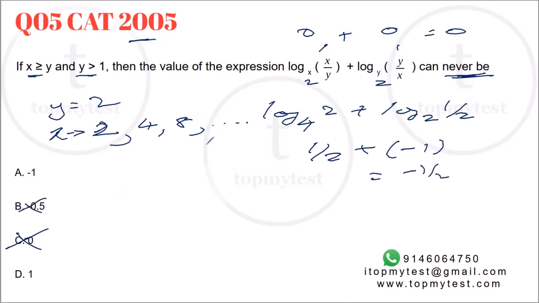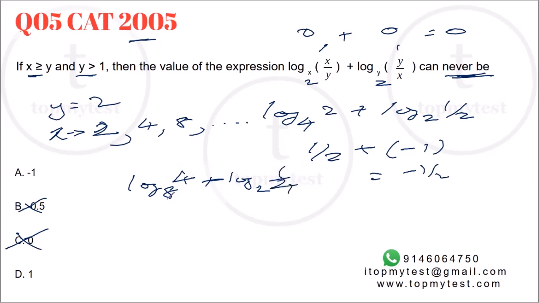Okay, let's see what happens with 8. Log of 8 by 2, which is 4, to the base 8, plus log to the base 2 of 2 by 8, so 1 by 4.